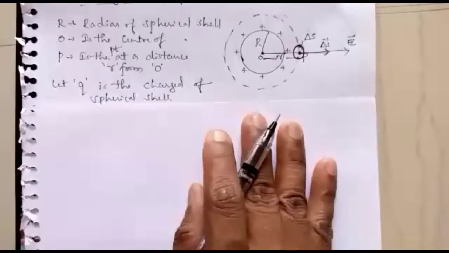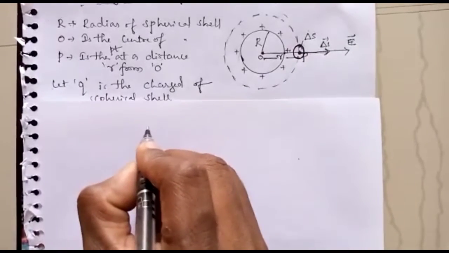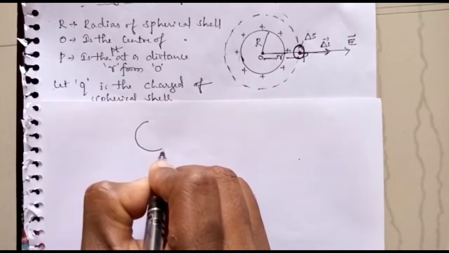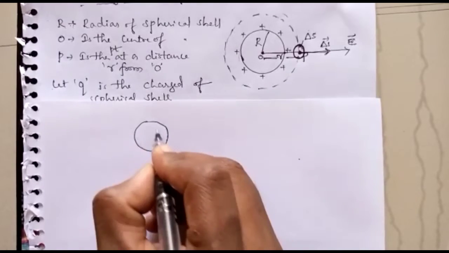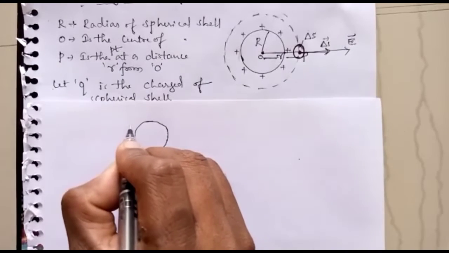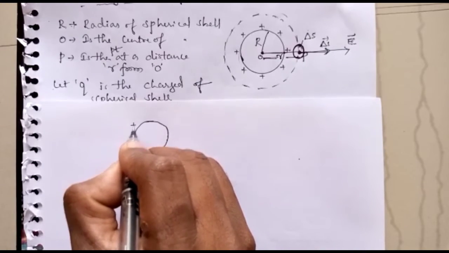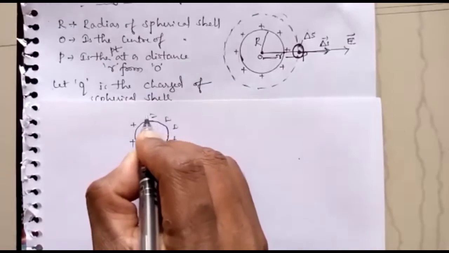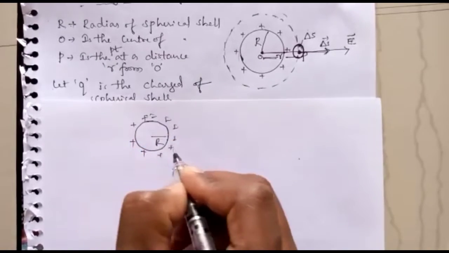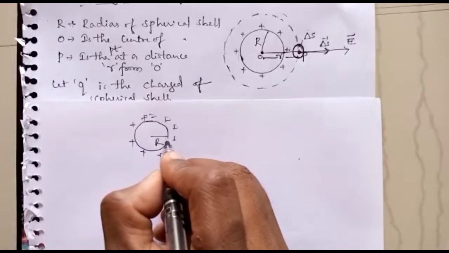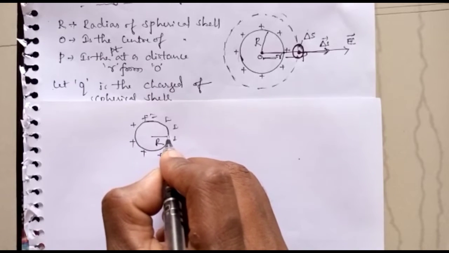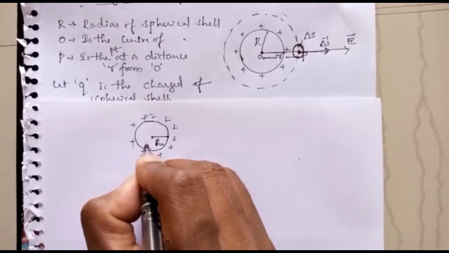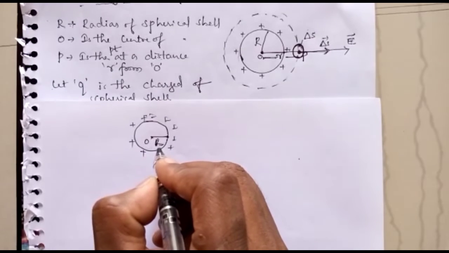We'll see now. Let us consider a spherical shell. This spherical shell has charge q and also it has a radius R. Our point is on the surface, at a distance capital R from the center of the spherical shell.